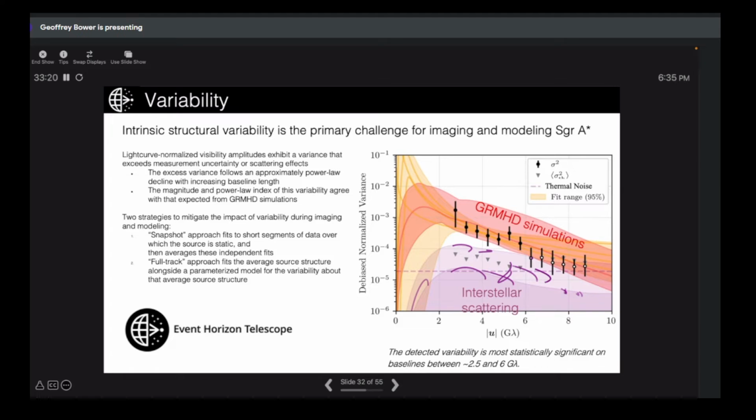The other technique that we use is simply to take snapshots of the data. We can't make images on very short timescales because our aperture information is incomplete, but we can model rings on short timescales.